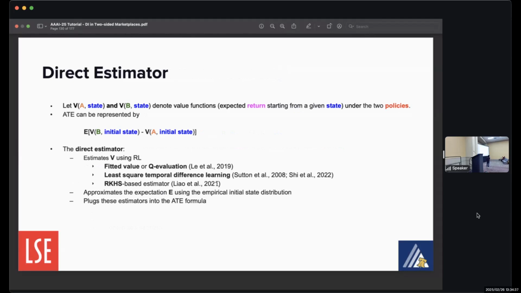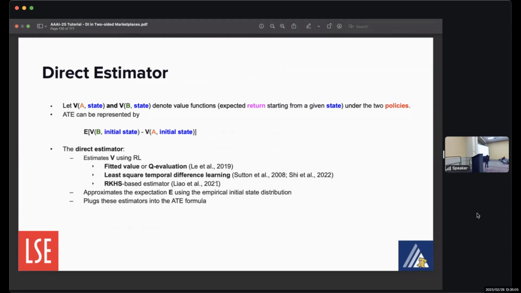If we use V to denote the value function, which corresponds to the expected return starting from a given state, then very similarly, you can show that the ATE can be represented as the difference between two value functions. Here the value function measures the expected value of the long-term reward as opposed to the immediate reward.